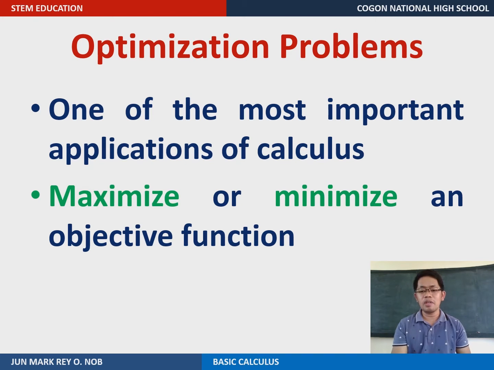So later again, we will be solving real-life problems involving optimization. When you speak about optimization problems, we're talking about an objective function which we try to maximize or minimize. Clear so far? Right, let's continue.